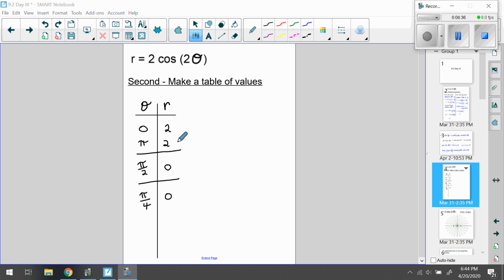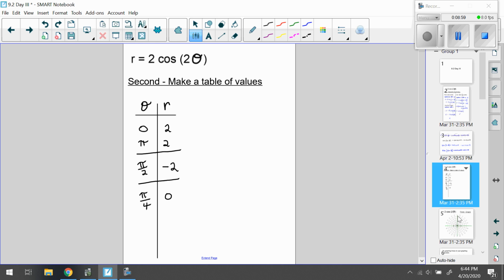And I say as well, but I'm realizing just now that I made a mistake, so I'm going to fix that real quick. Back to pi over 2. I don't think I doubled the 2 here, so let's try that again. If I double pi over 2, that gives me pi. Cosine of pi is -1, and -1 times 2 is -2.